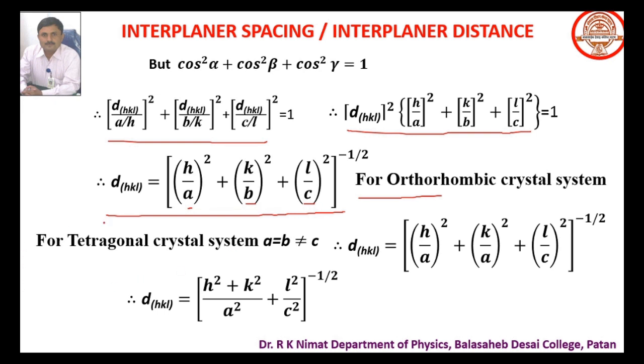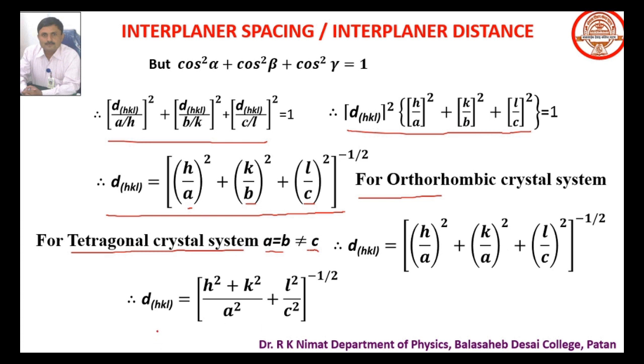Similarly, we can find the expression for interplanar spacing for tetragonal crystal system for which A is equal to B and not equal to C. So if you put B is equal to A in this case, you will get the expression for interplanar spacing for tetragonal crystal system as (H by A) square plus (K by A) square plus (L by C) square raised to minus 1 by 2.